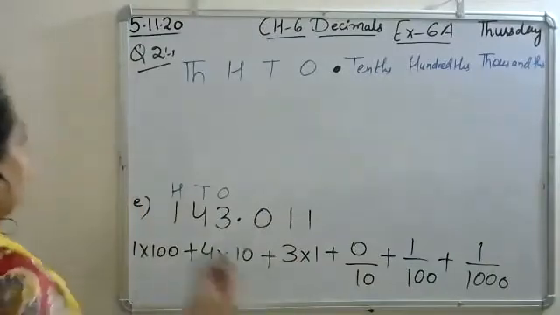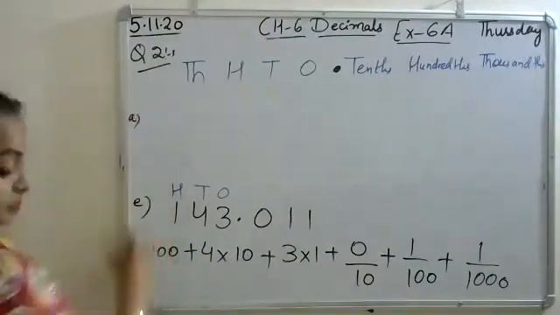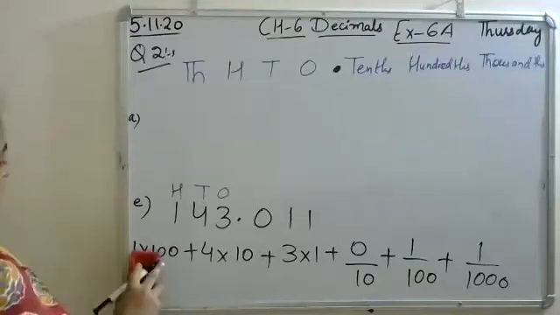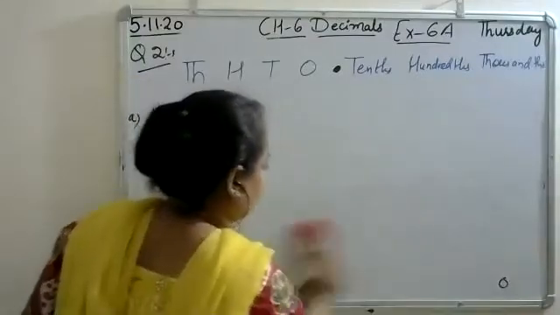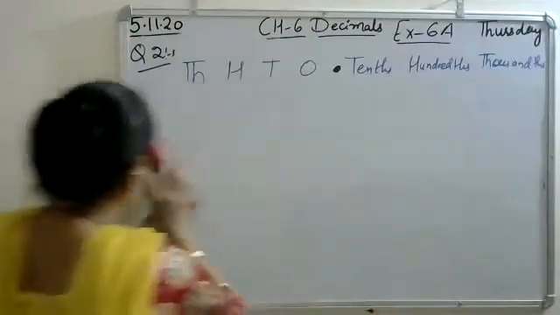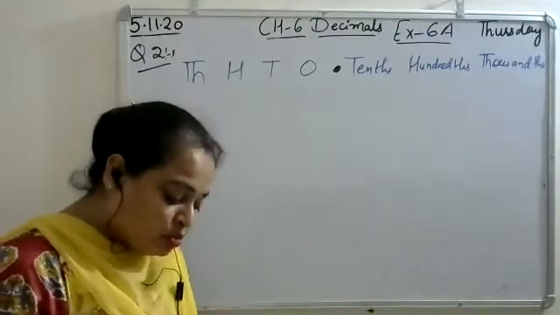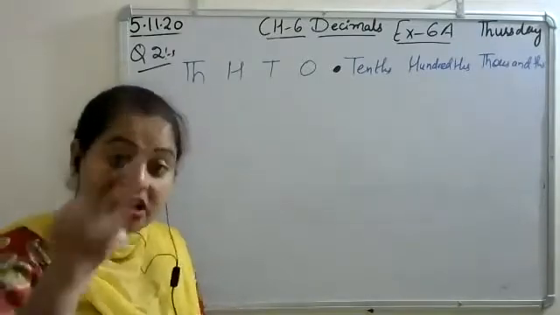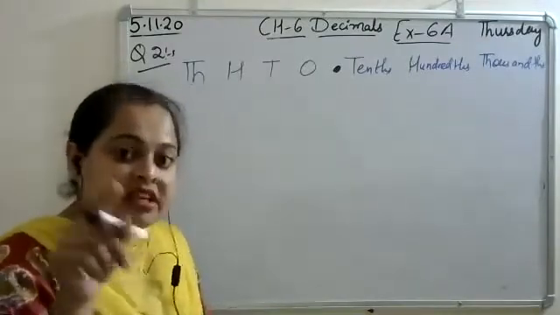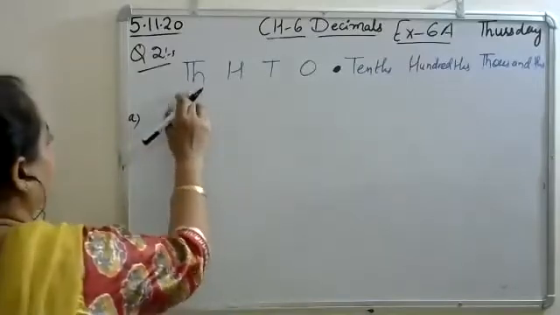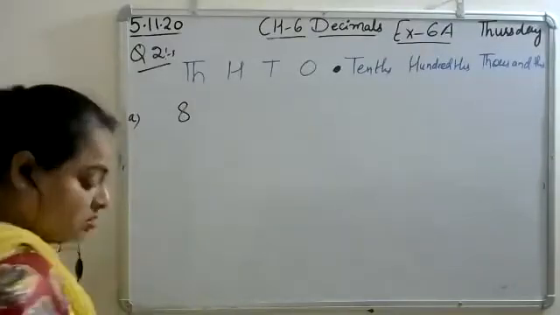Now check A part. Come to the A part. In the A part, 8000s. Which 1000 is with S? Single S. It means this 8.